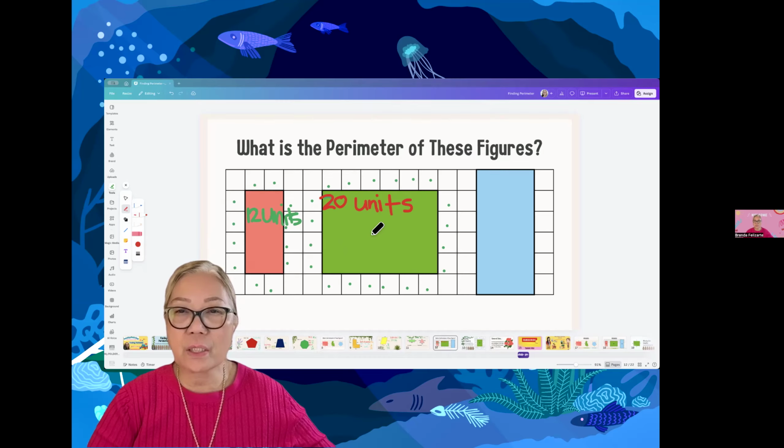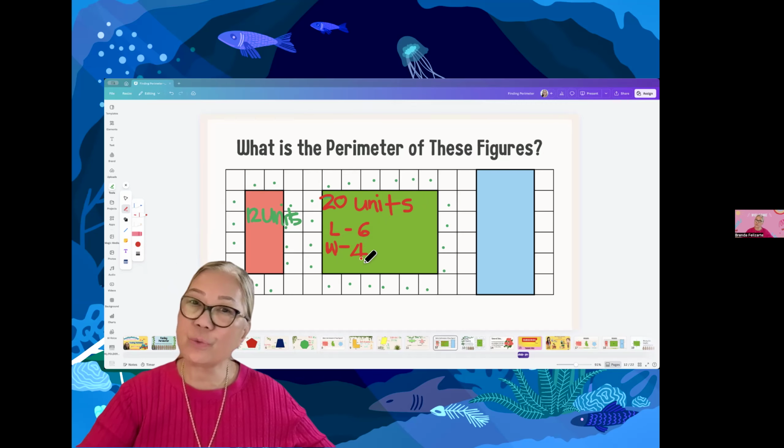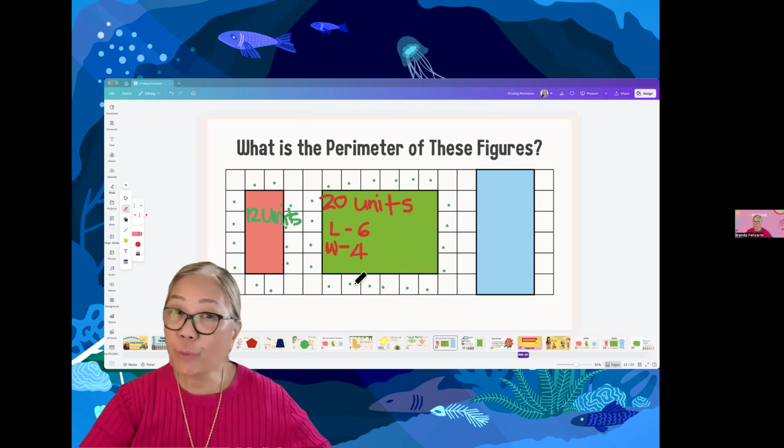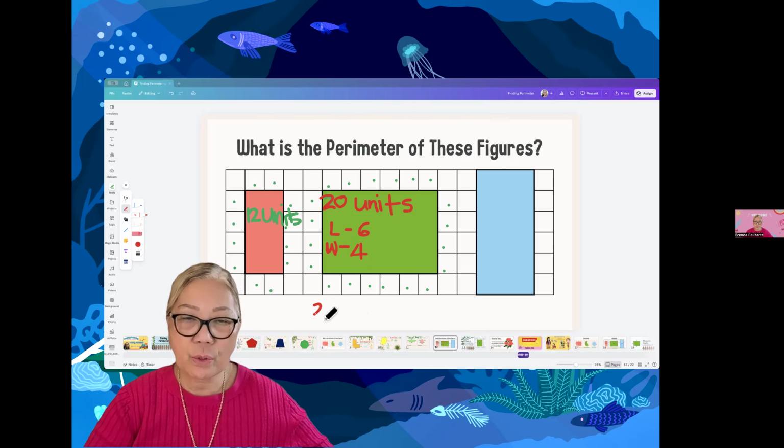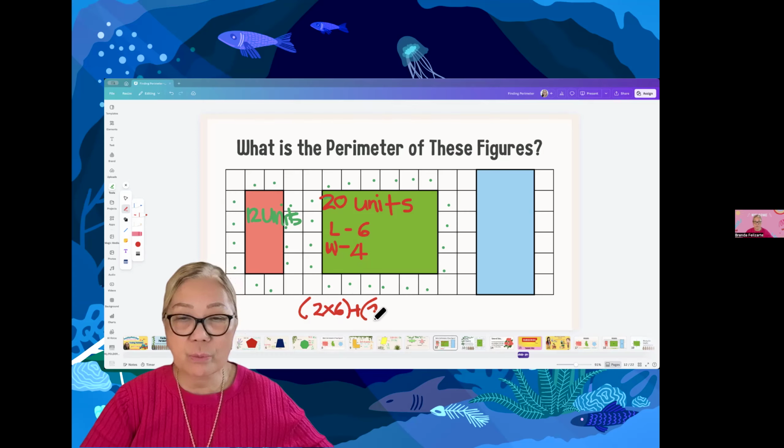So the length is 6, and width is 4. Now you're going to use a different formula. How many lengths are there? 2. 2 times 6 plus width is 2 also. Always remember that is always 2. 2 times 4.